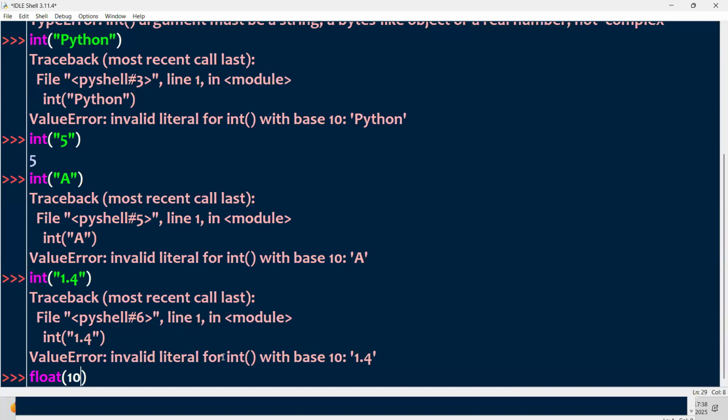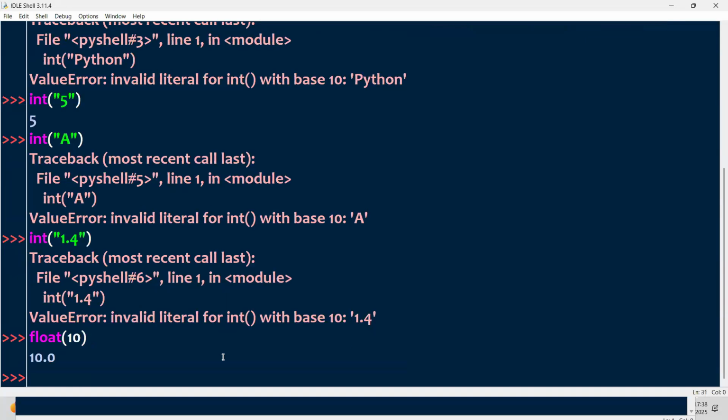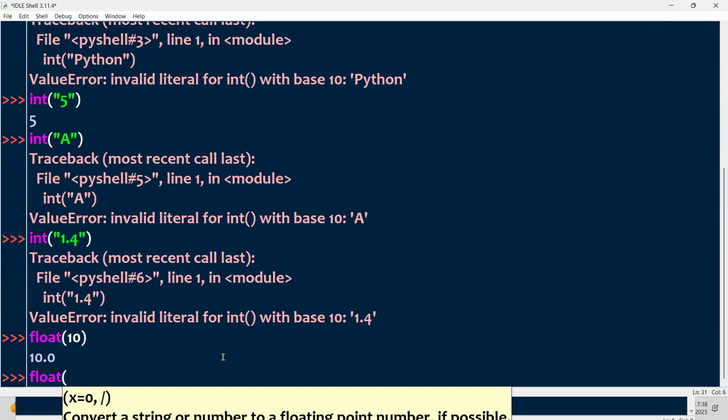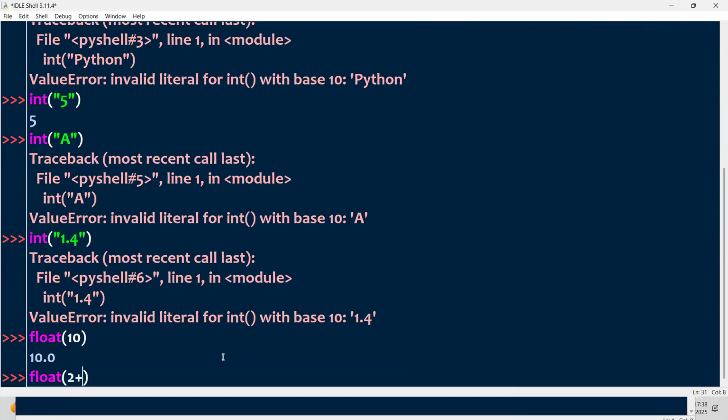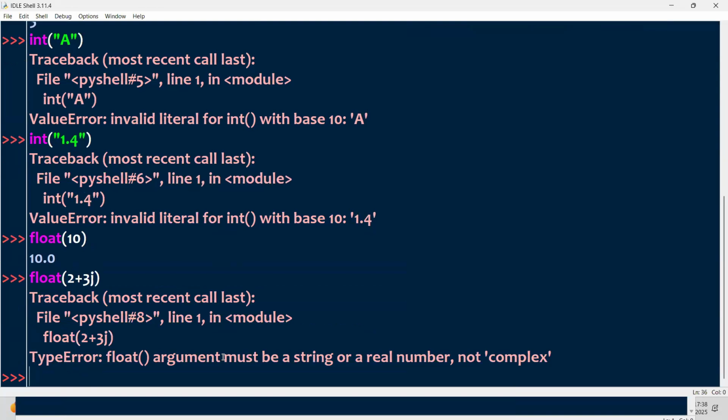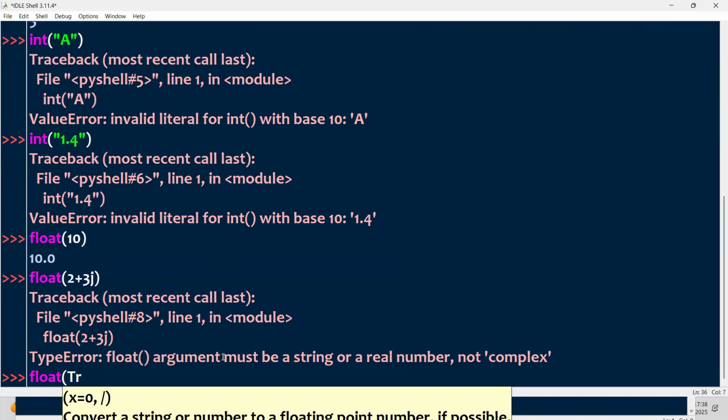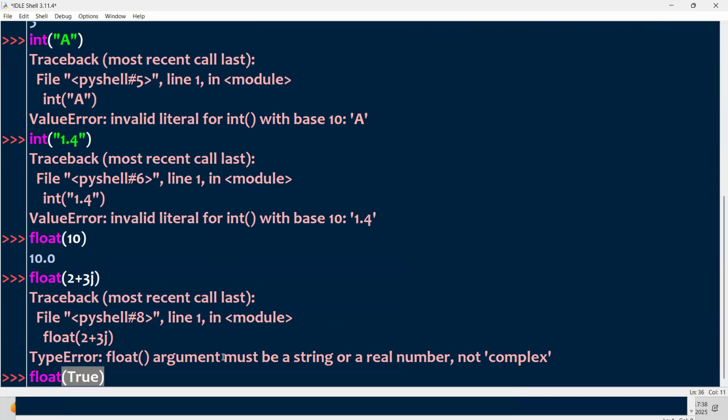Next, same way, let's take float. Let's take here 10. Integer to float we can convert. And let's take complex. Can we convert complex to float? Not possible. Type it. Complex to float, not possible. Next, can we convert boolean to float? Doubt?